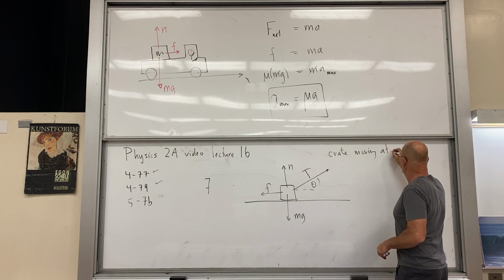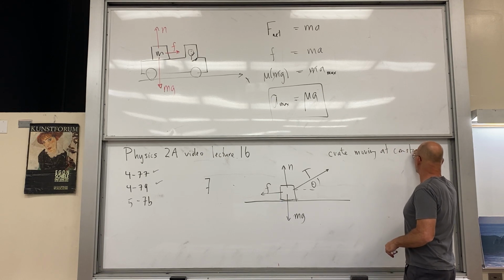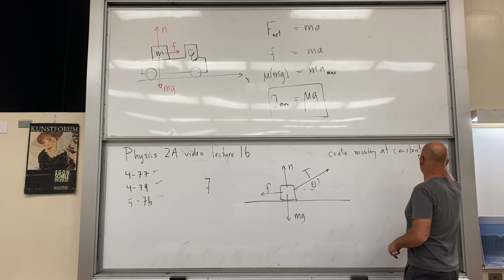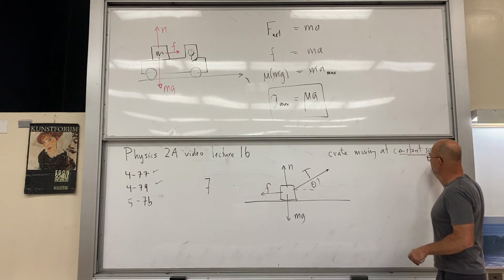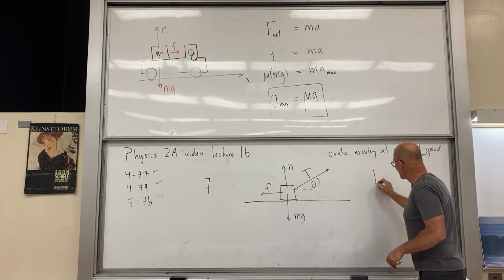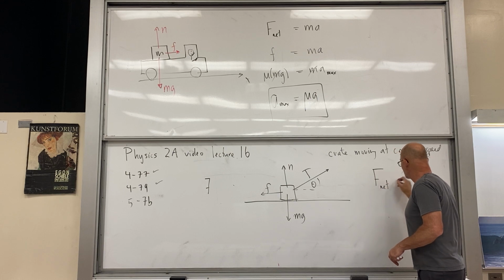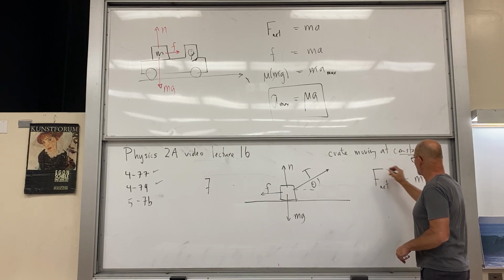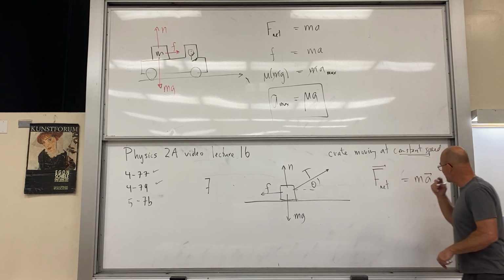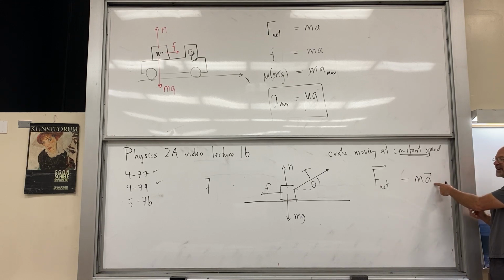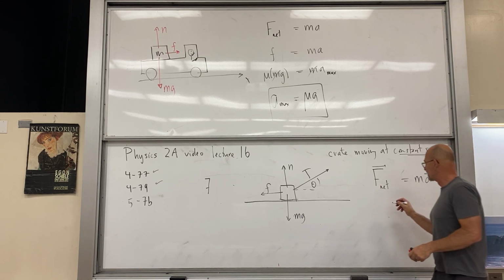Moving at constant speed. Okay. Now this is important because if we write down our Newton's law, I'll put it in vector form. Constant speed means that the acceleration is 0. Okay.